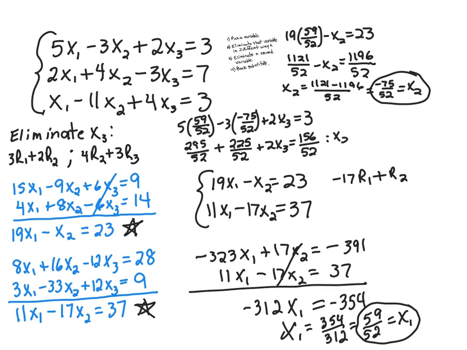So, x3 will equal, I got to divide away the 2. I'll reduce later if I can. This is 104 in the bottom, and I'm going to have 156 minus 295 minus 225, and I'm going to get a negative 364, which is even.